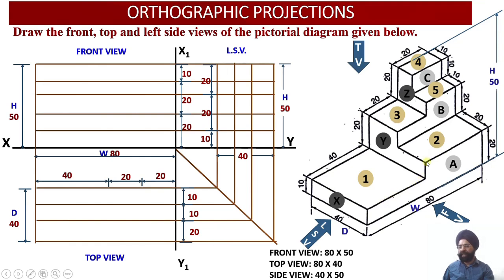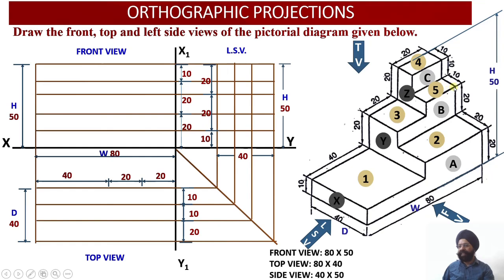Then there is the remaining surface, surface A, having a width equal to 40 millimeter. Out of this 40, we have surface 3 extending up to 20 millimeter width, and then the two surfaces 4 and 5 extend the next 20 millimeter.